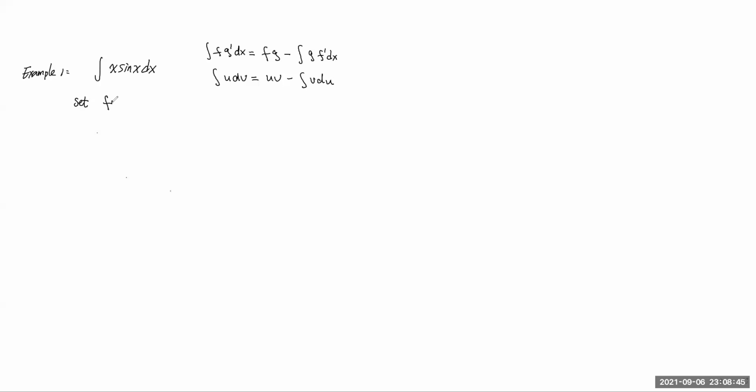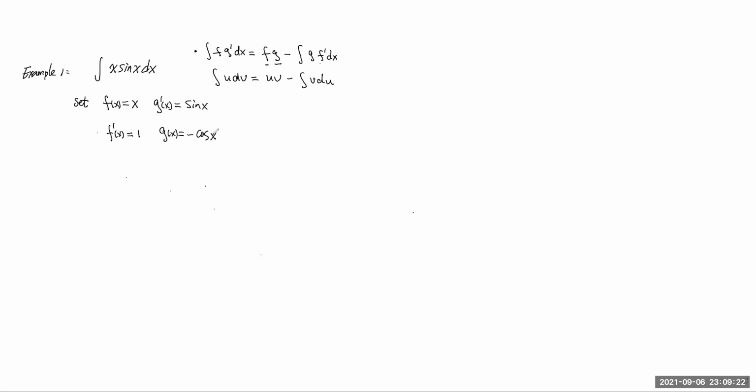Okay, f(x) is x, g'(x) is sine x, right? Then if you look at this formula, you have to find what f is, which we already know, and g'. So we compute f'(x) is 1, g(x) is negative cosine x.